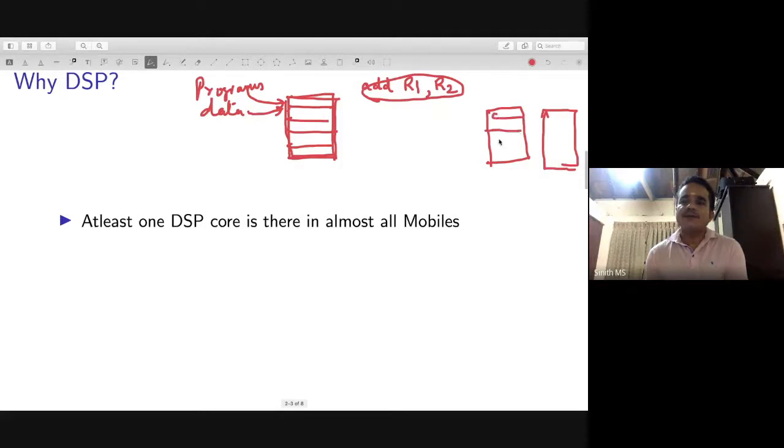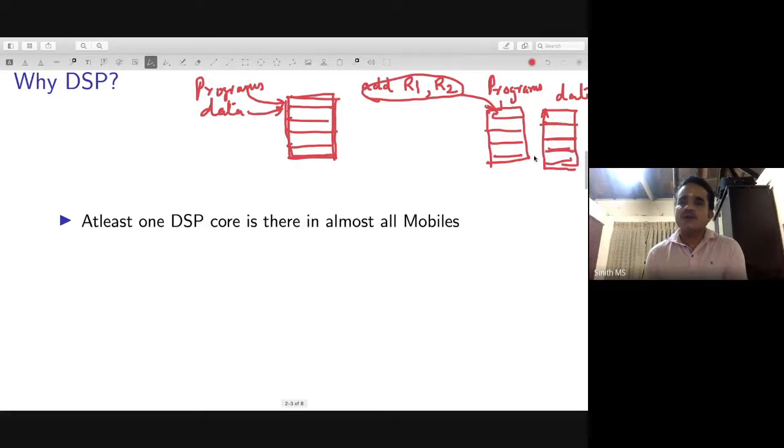But when you have program and data in different memory locations, say like this, these are the programs, these are the data. When you add R1 and R2, which is a program sequence written in this memory location, R1 and R2 will be stored in the data location.